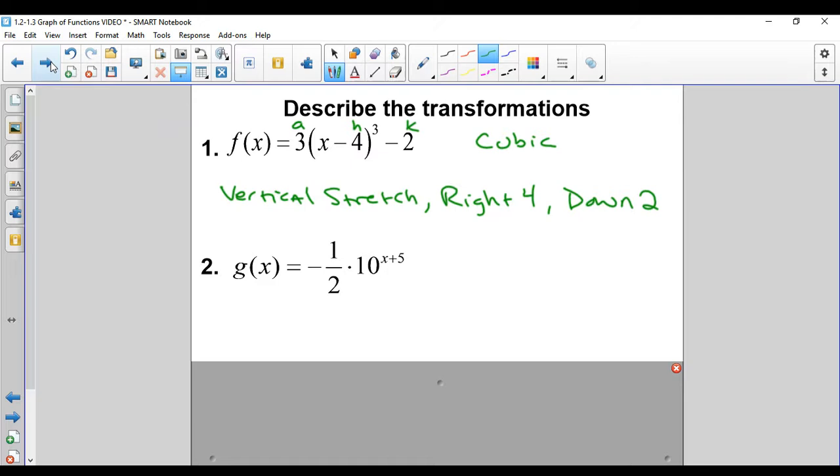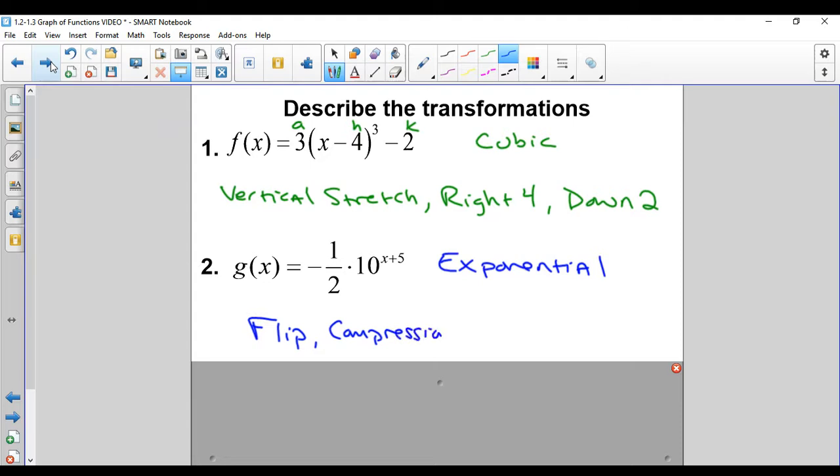Next one. We have a negative out front. We flip. So this one's technically an exponential function. Let me write that. So this is an exponential to start us out. There's a flip. The 1/2 tells us that this is a compression, a vertical compression.